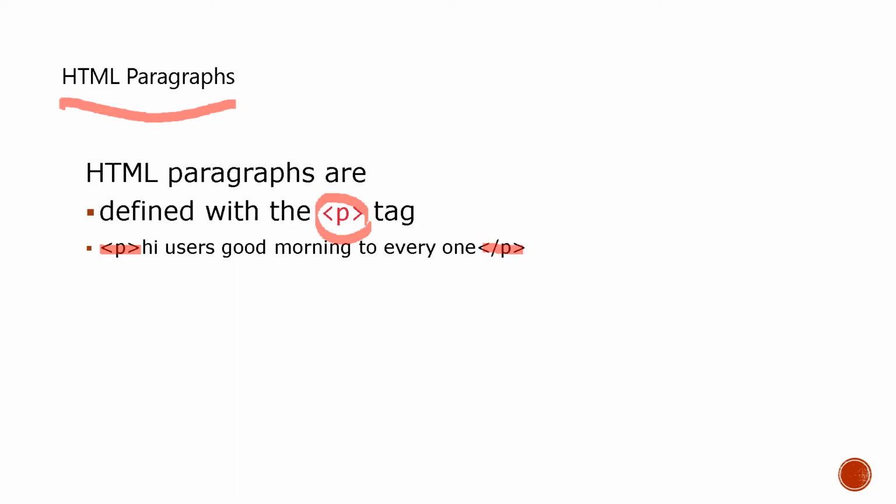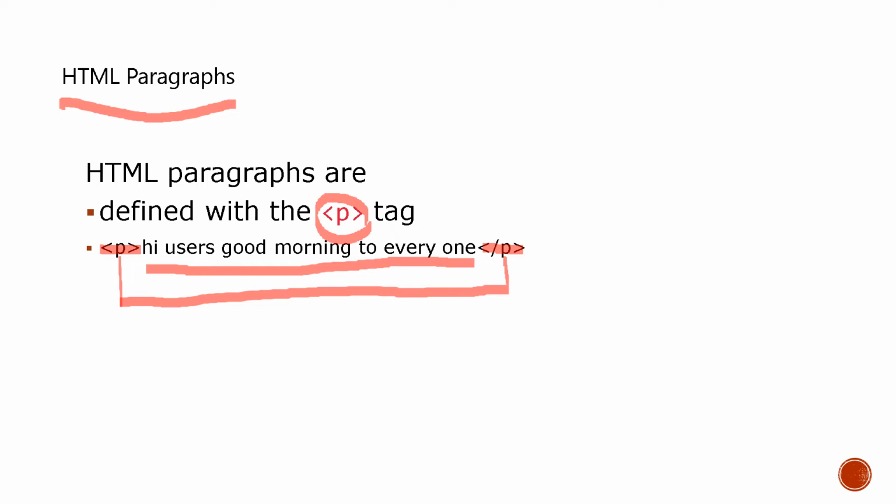In HTML, every open tag has a closed tag, and this was the content. This was a paragraph, written as a paragraph because it was in between the open P and closed P. This is about the paragraph tag.